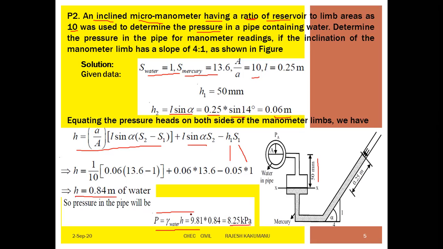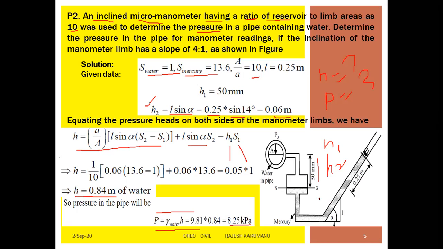So whatever problems you are getting in the exam, first you have to find out the H value. Next you have to find out the P value. In some cases, if P is given, you have to find out H. Here H1 and H2 are given in this figure only.